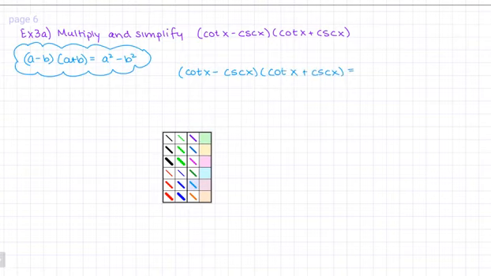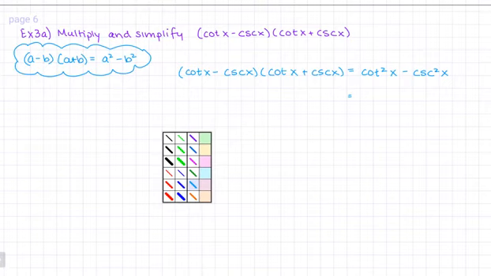And then we're going to just use the formula. So we're going to have cotangent squared x minus cosecant squared x. Does anybody notice anything now? Very vague question, but anybody have an idea what we could do now? Exactly.